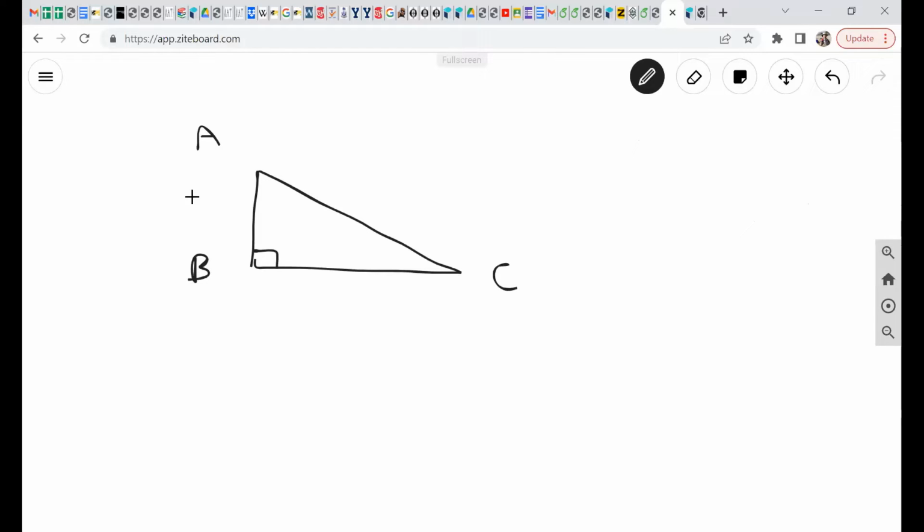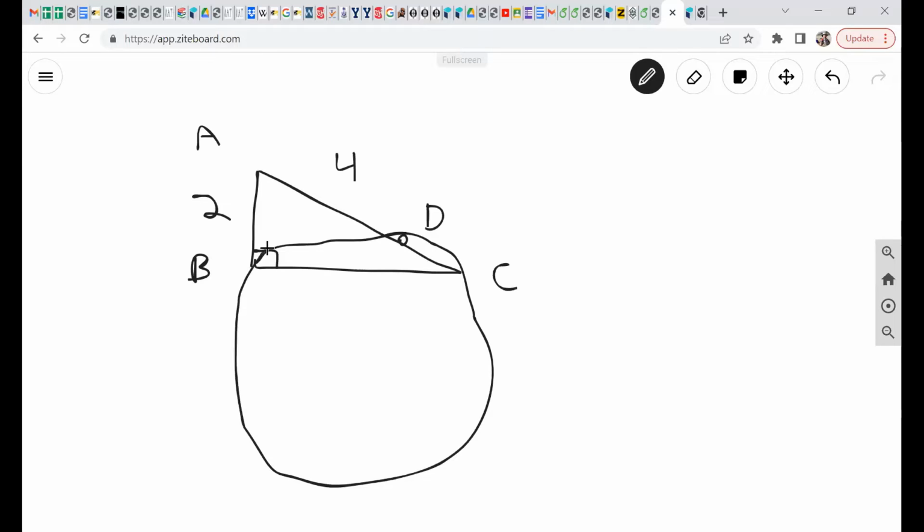And AB equals 2, and we have a point D here such that AD is equal to 4. And then we take the circumcircle of BCD.